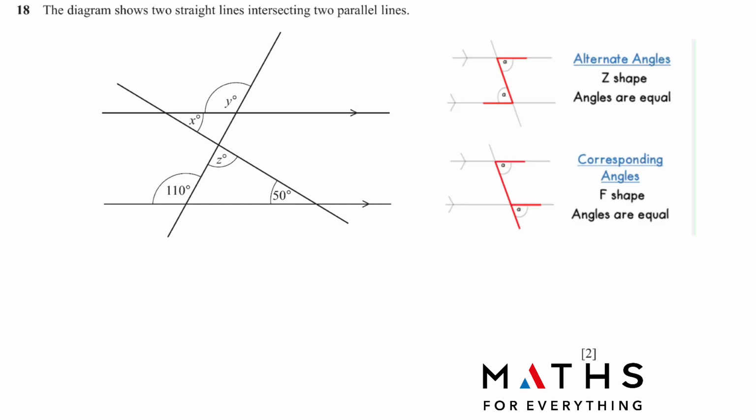When we have two parallel lines and we want to find the angles that are made if a line intersects them, you need to know certain rules. If you can form a z in this form or a z like this, the opposite angles are called alternate angles and they are equal.